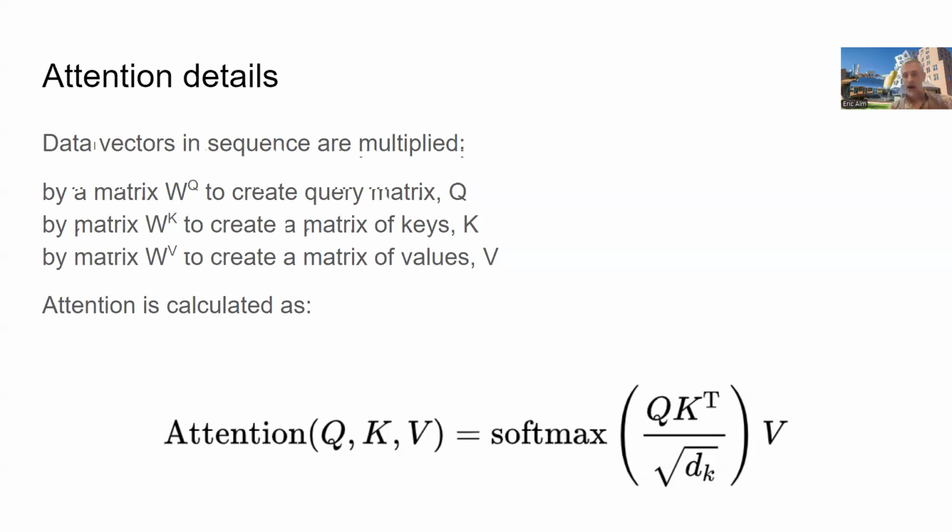And if we're focused on residue 7, we're going to compare it to residue 1, 2, 3, 4, 5, 6, and then 8, 9, 10, all the way to the end of the protein chain. And we're going to compare the query for residue 7 with the keys for all of the other ones, right? That's going to give us a matrix that has the size of the sequence length by the sequence length, and each entry in there is going to be the dot product of the query and the key, right?